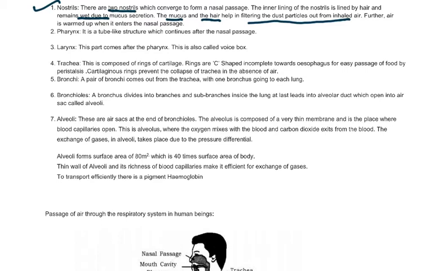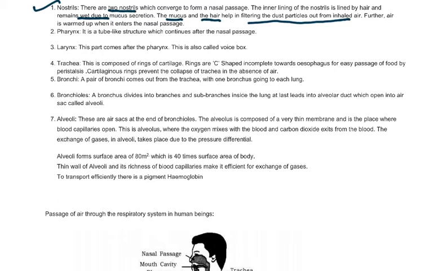The third thing the nostrils or the nasal passage carries out is bringing the air to body temperature. If the air is warmer, it will cool it. If the air is cool, it will warm it to the body temperature by the exchange of temperature, because the air is moving through concave, meaning small chambers or cavities.